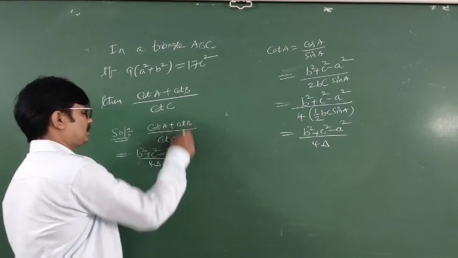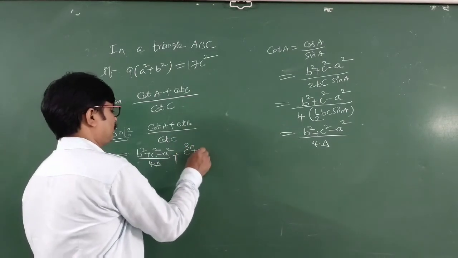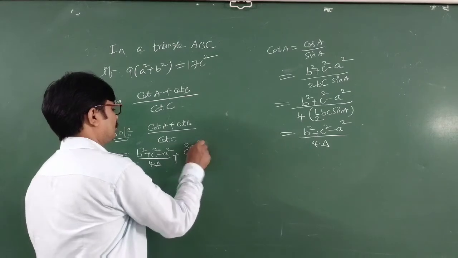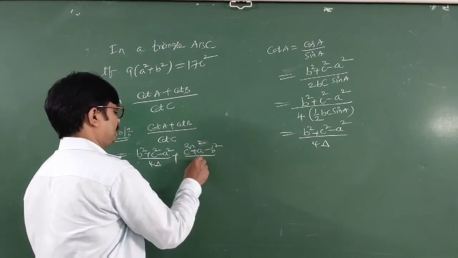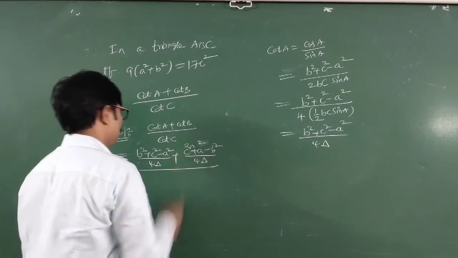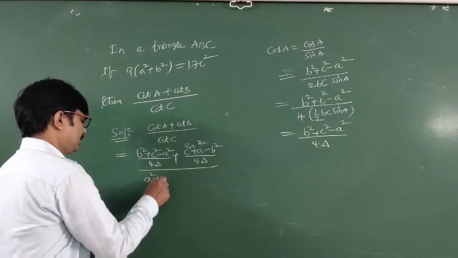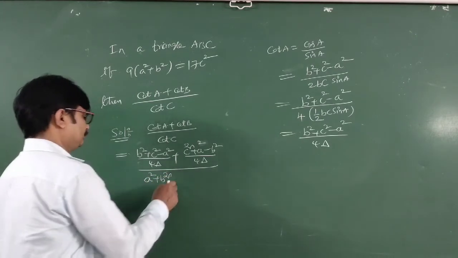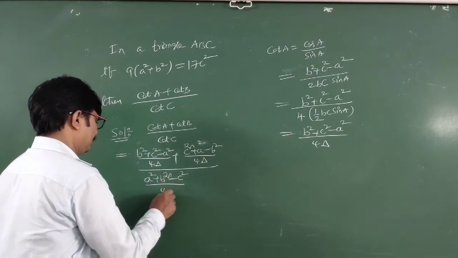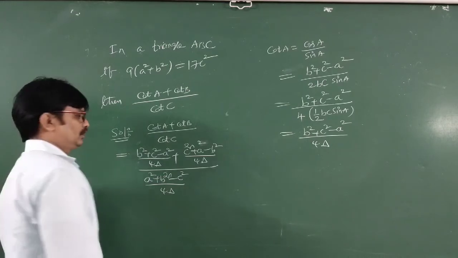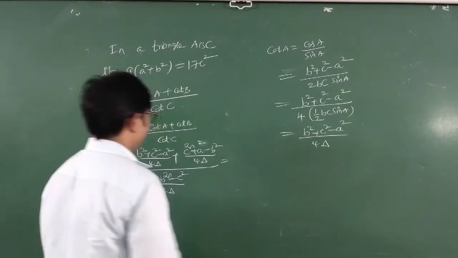Similarly, students, cot B is c square plus a square minus b square by 4 delta, and cot C is a square plus b square minus c square by 4 delta. Now students, what happened here?